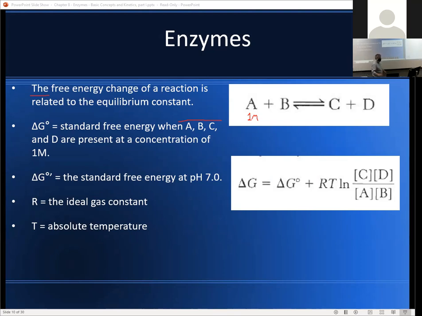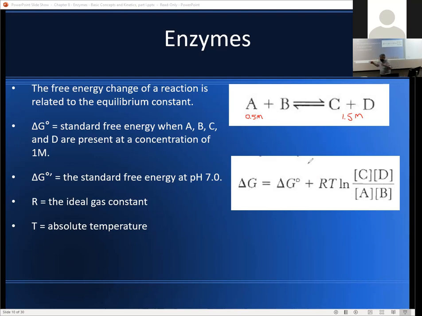When this reaction goes to equilibrium, let's just say, for example, at equilibrium, we have 0.5 molar of each of the reactants and 1.5 molar of each of the products.